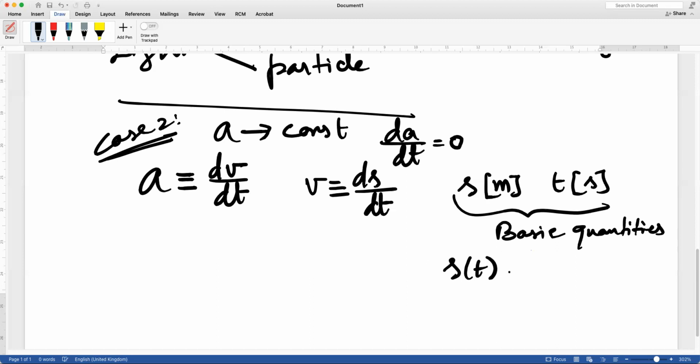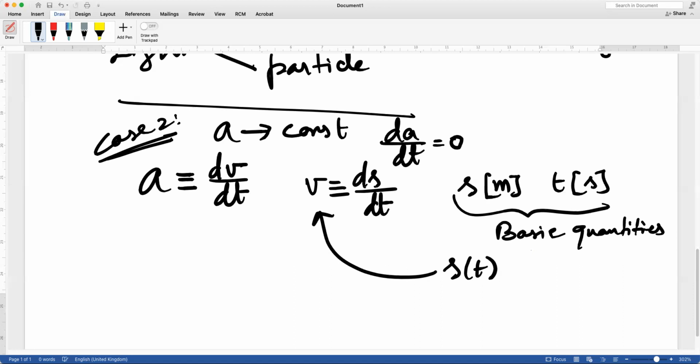That leads to the interesting point. You remember that we put the tabular column and started finding the differences and everything. Then we check ds by dt, the change in displacement with respect to the corresponding change in time, whether this is a constant or not. If it is a constant, we don't need to worry further.